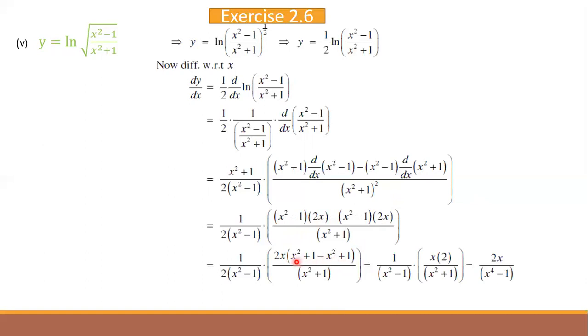This x square cancels out with this x square, 1 plus 1 is 2, and this 2 cancels out with this 2. We get the final result 2x over x raised to power 4 minus 1. Why? Because here we use the a minus b and a plus b formula, that is a square minus b square.